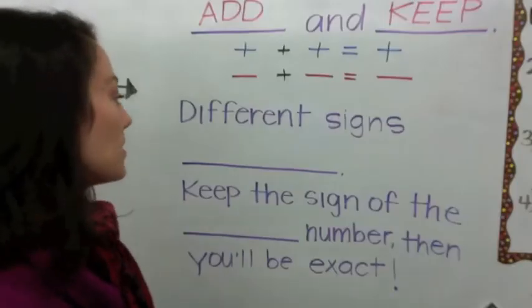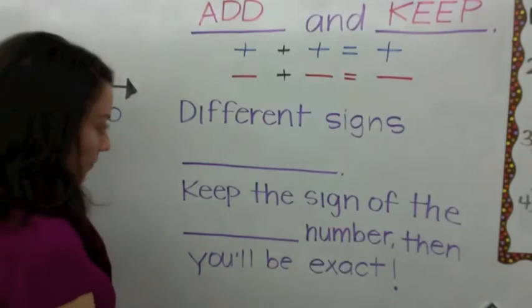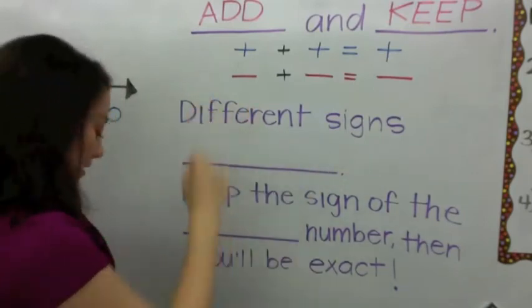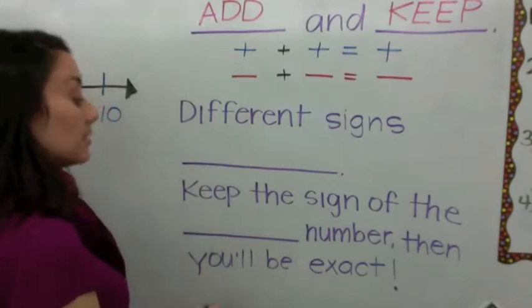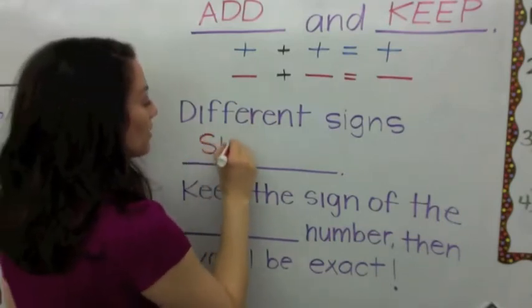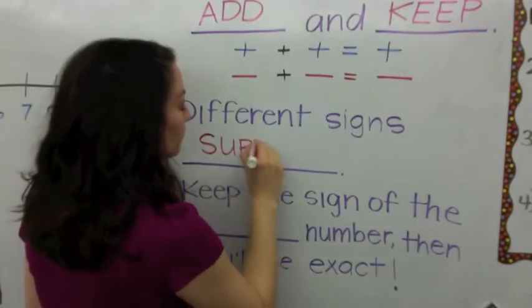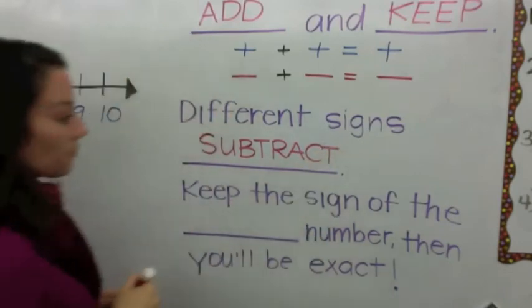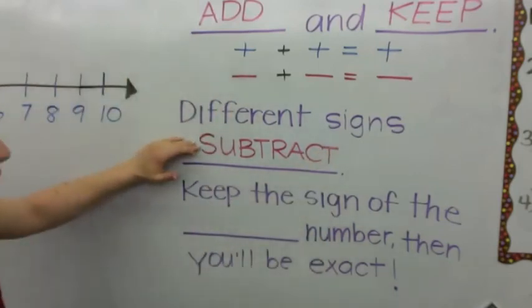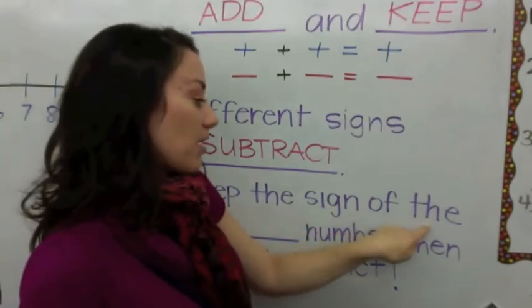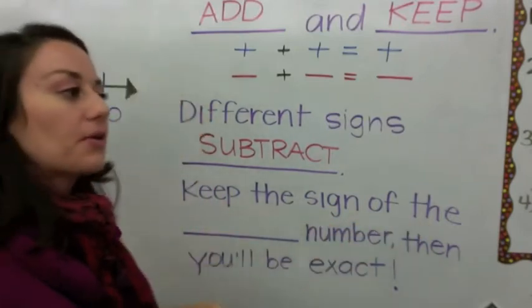All right, so the second part of the song is if you have different signs, you do the opposite of addition, which is subtract. Very good. So if you have different signs, you'll subtract. But after you subtract, you need to keep the sign of the higher or the bigger number.